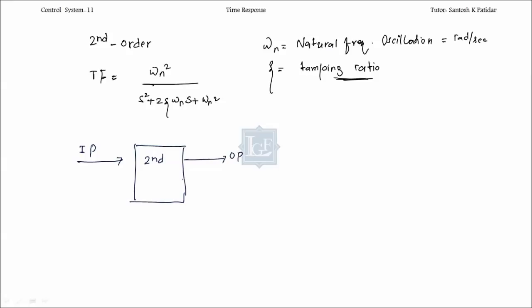Correct? So the relation between input and output is affected by the third person, and that is zeta. Correct? We have seen the output of the second order system totally depends on zeta value. Correct? Input and output relation is affected by zeta.